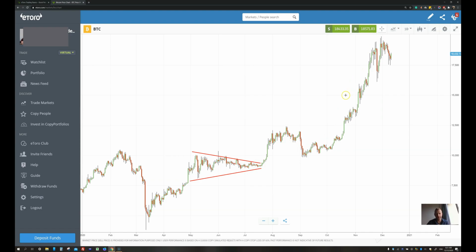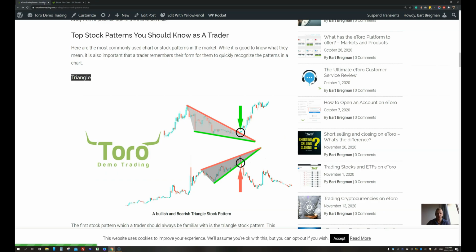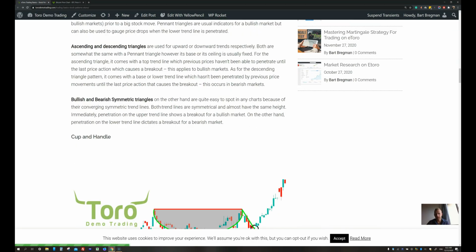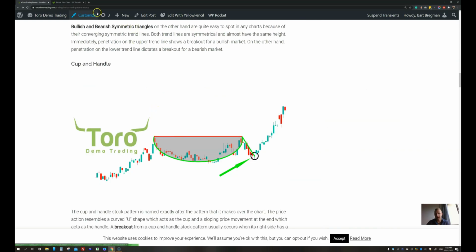So try to spot those triangles. They're very helpful. They break either to the downside or to the upside. And yeah, sometimes there's a fake out as well. That's also for another video where we go deeper into this. But it's a very helpful tool that can help you in your trading when you're at the moment of buying an asset.